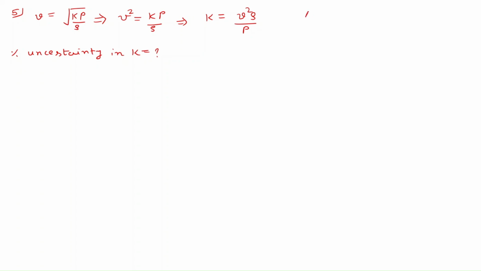By the formula we can write like this: delta K upon K, the uncertainty in K over the actual value of K, equals, in the case of a square, we multiply by 2, delta V upon V, meaning uncertainty in V over the actual value of V. In the same manner, we write rho, the density, and lastly the pressure.